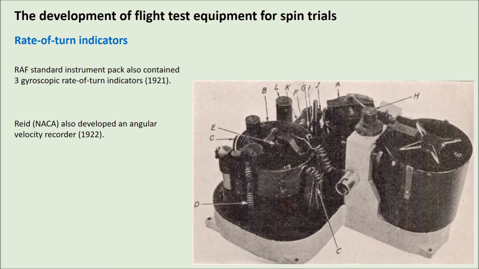This document also states the accuracy of some of the other instruments: plus or minus 2 miles an hour for the airspeed indicator, plus or minus 0.05 G for the accelerometer, and plus or minus 1% for the control position. So all in all, a pretty handy little pack of instrumentation to have to go and conduct some flight tests, and that's exactly what they did with particular regard to the spin.